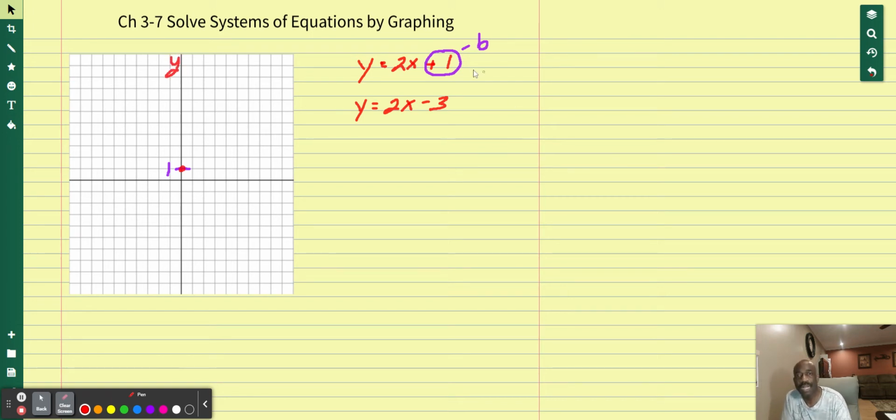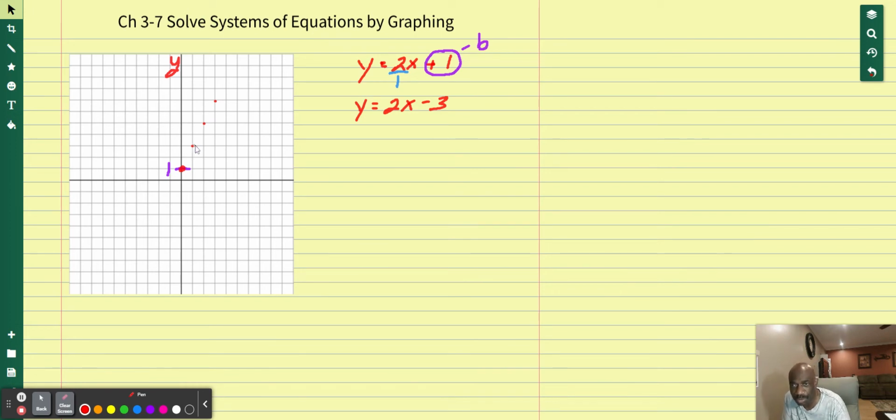All right. Now I got to follow my slope. Here I have a slope of 2. We know that means 2 over 1. So what I have to do is follow this and go up 2 over 1, up 2 over 1, up 2 over 1. Now I got to work backwards also.